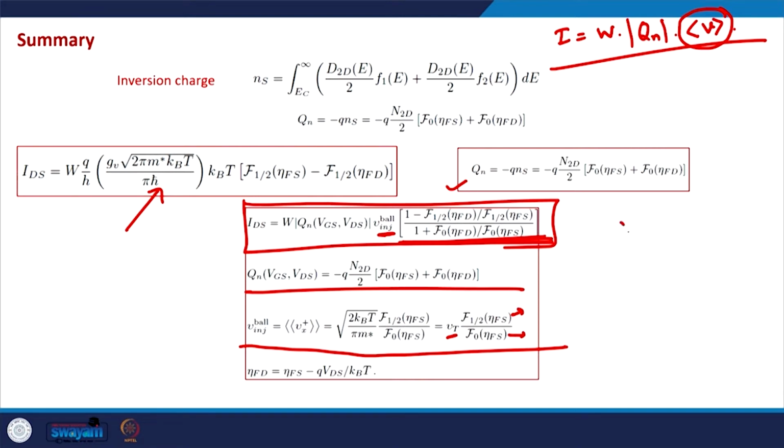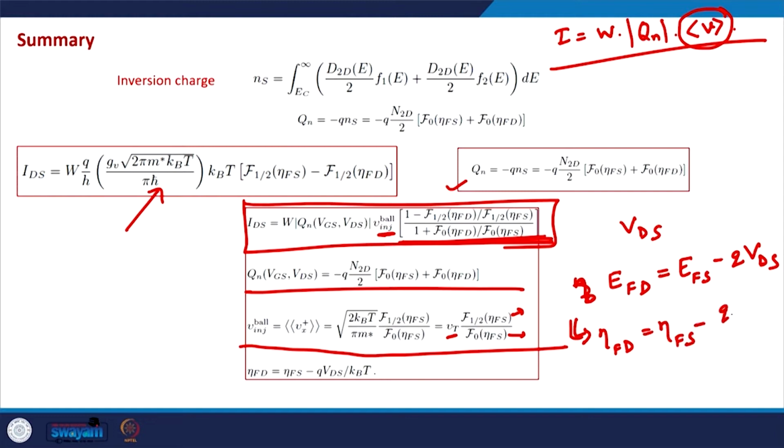And when a VDS voltage is applied across the system, EFD is EFS minus Q VDS, and as a consequence, eta FD is eta FS minus Q times VDS divided by kT. So now this average velocity is this total expression, and this is what we will try to understand today. This is the central topic of today's discussion.